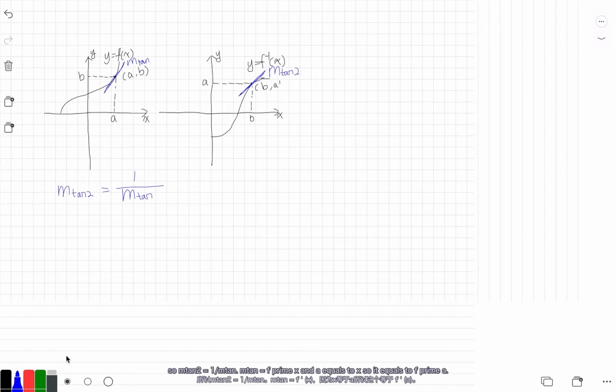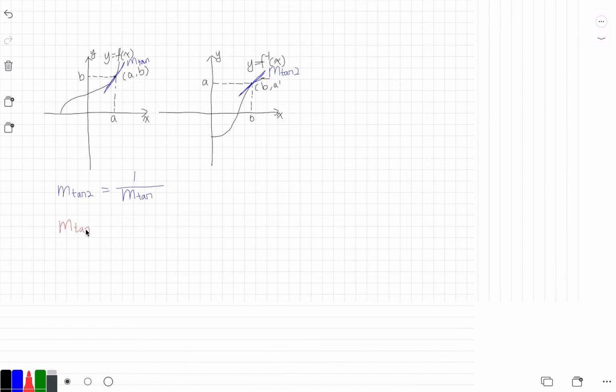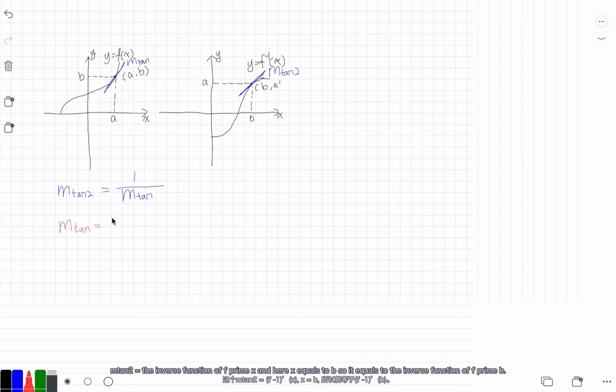And from the graph, we could notice that m tangent equals f prime x, and m tangent 2 equals f inverse prime x.